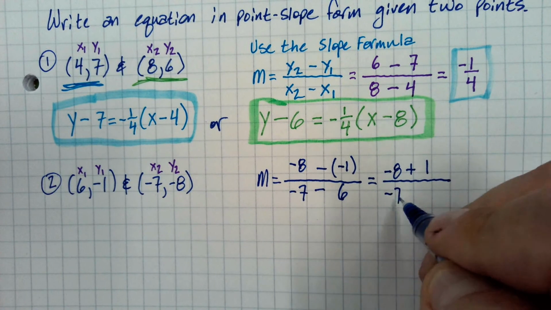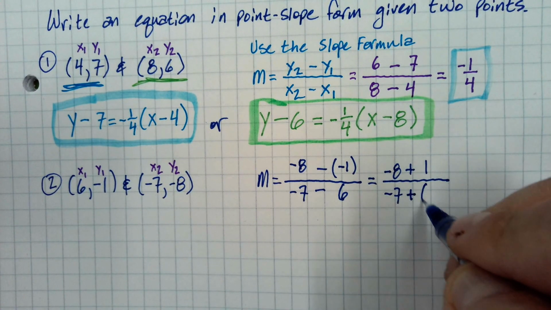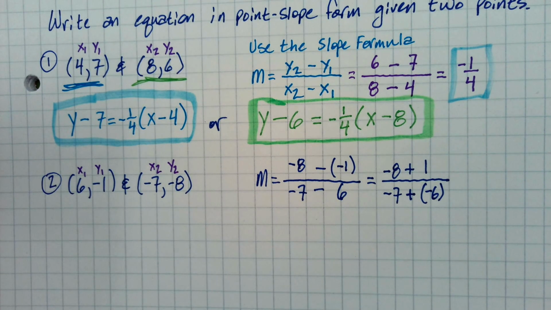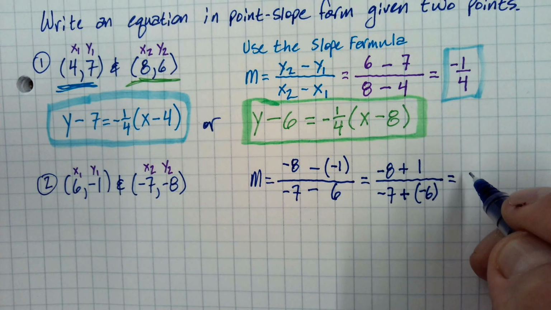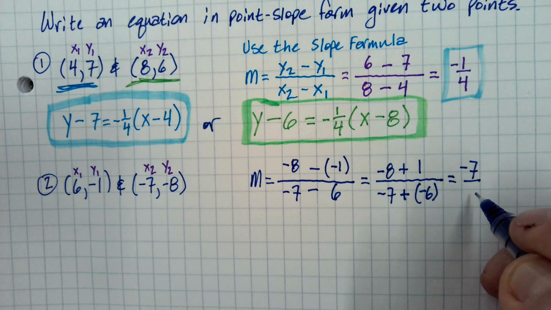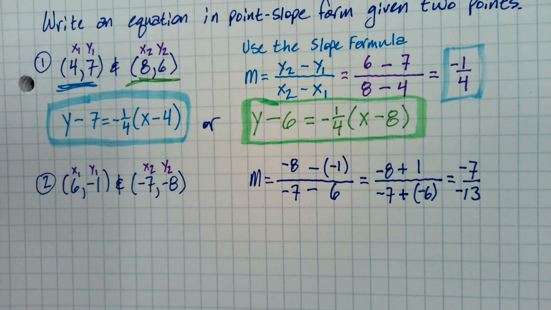Keep it as negative 7, change it to addition, and the opposite of 6 is negative 6. So let's see what that gives us. I get negative 7 over negative 13.